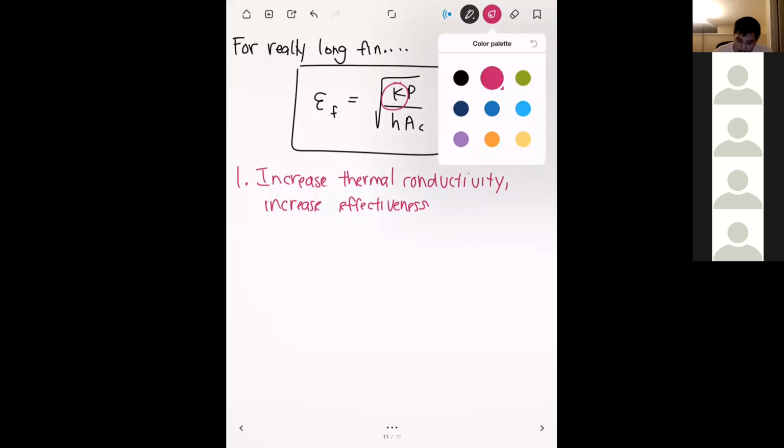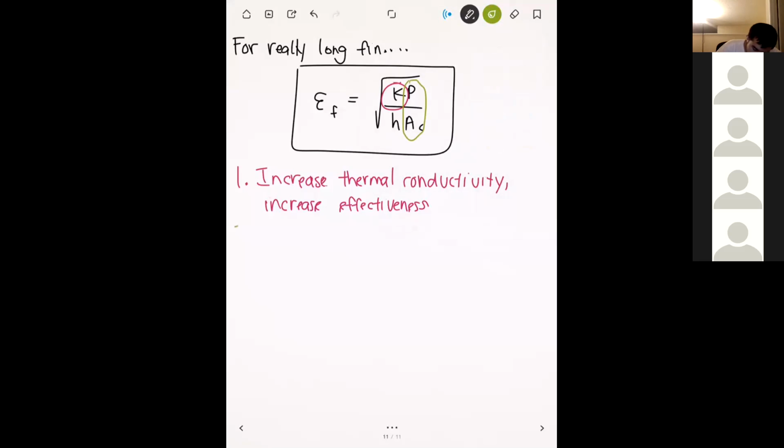Okay. Now let's look at these two together, actually. The reason I group P over A_c together is that this is the ratio between the perimeter and the cross-sectional area.